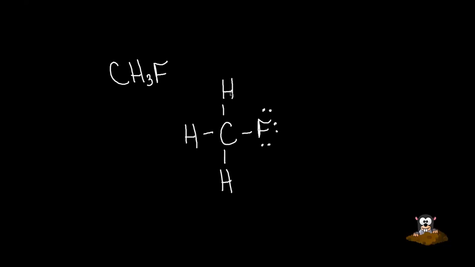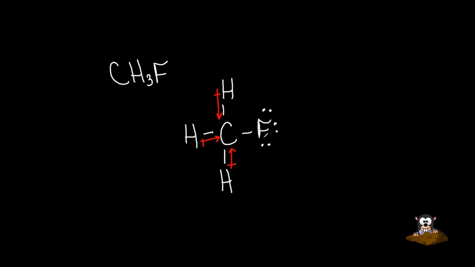So we have a bond right here between hydrogen and carbon, and between these two atoms, carbon is going to be the most electronegative, and therefore our dipole is going to be pointing to carbon. Again, same thing here. Same thing here. And carbon and fluorine, comparing these two, fluorine is the most electronegative atom, so we know that it's going to be pointing in that direction.